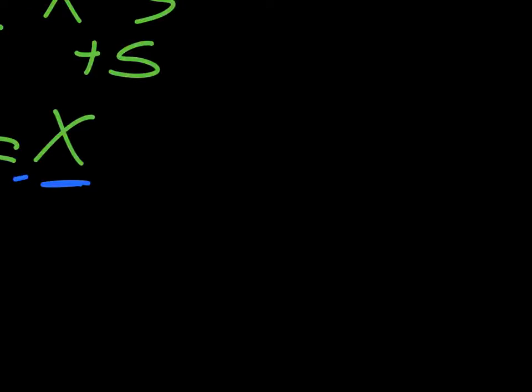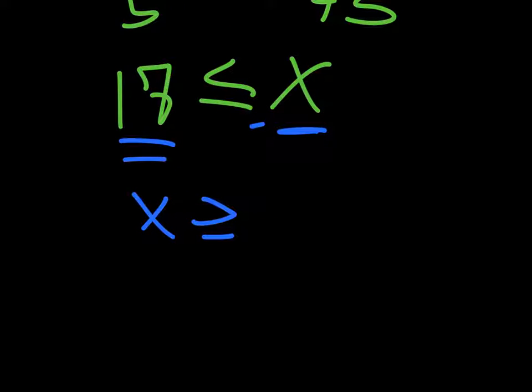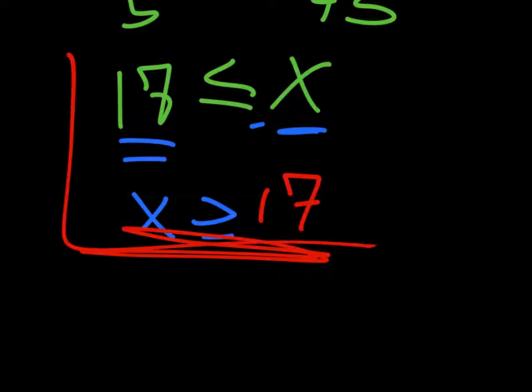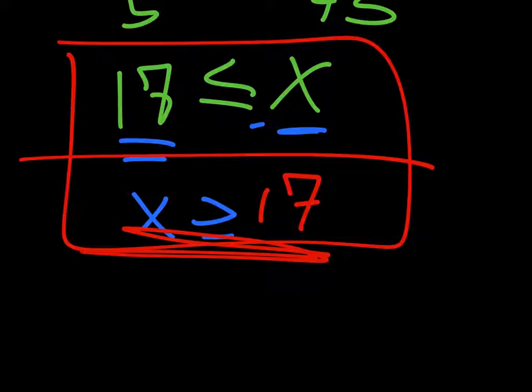The alligator wants to eat the number or quantity that's bigger. You don't want to eat the smaller thing, right? So the point is you want to have the inequality facing the variable. This is the exact same thing as that. Okay? Moving on.